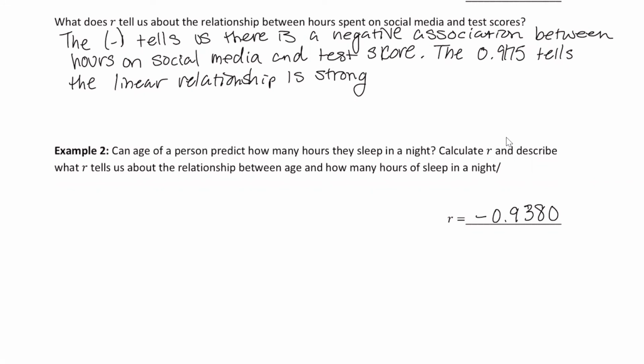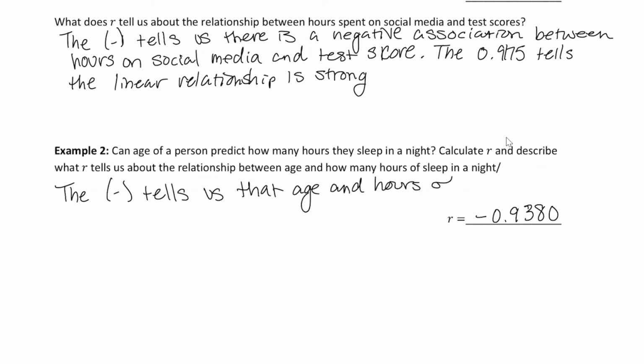And in fact, it's going to tell us the exact same thing that the one above us did, that the negative tells us that age and hours of sleep have a negative association.